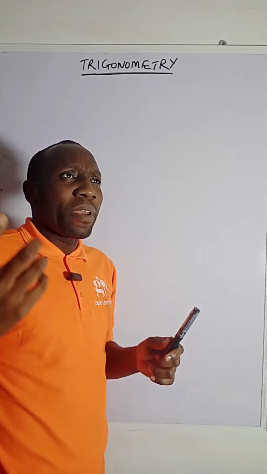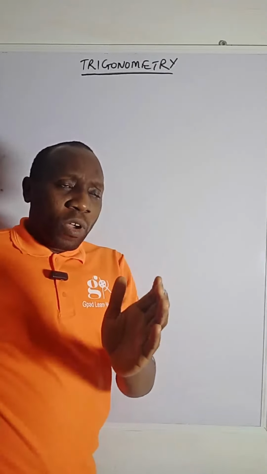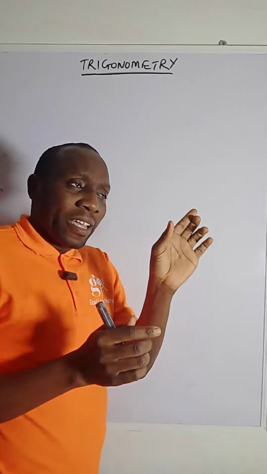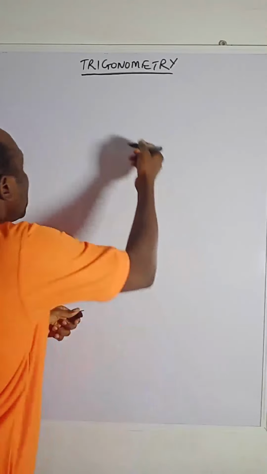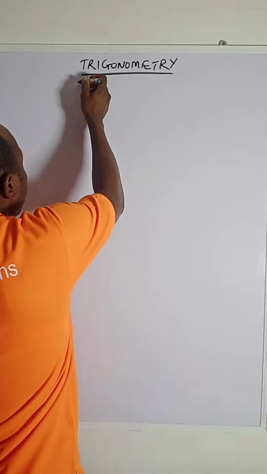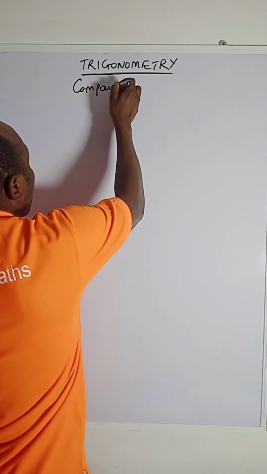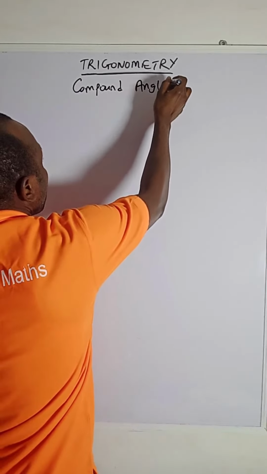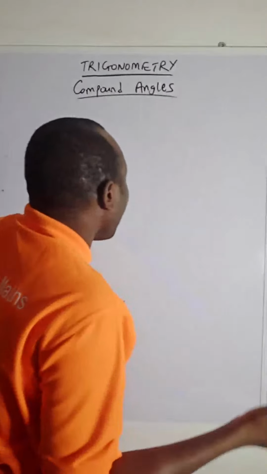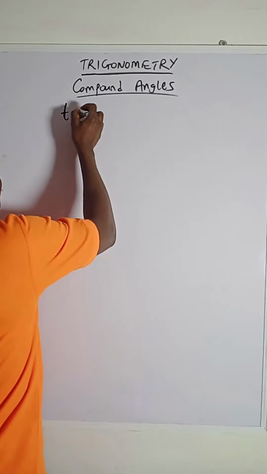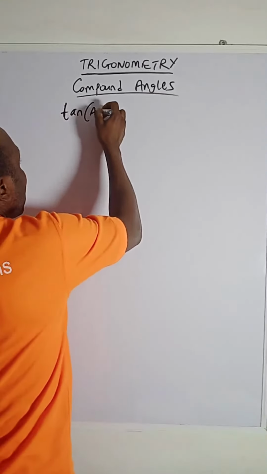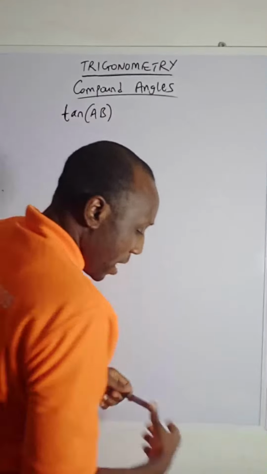But it's not really a formula, it's just what guides you when you are adding two angles and you're trying to get the tan of the sum or the difference of two angles. So taking your mind back, again, I'm just going to write compound angles for sine, cos, and tan, but we are focusing on tan. So tan in bracket a plus b.